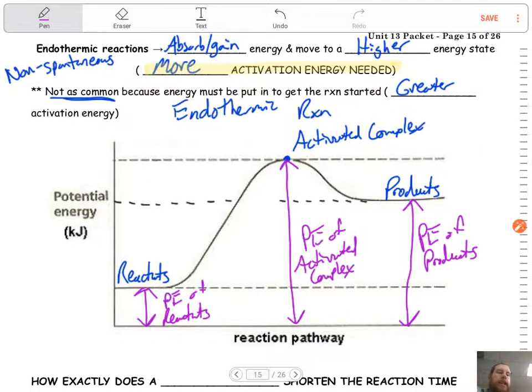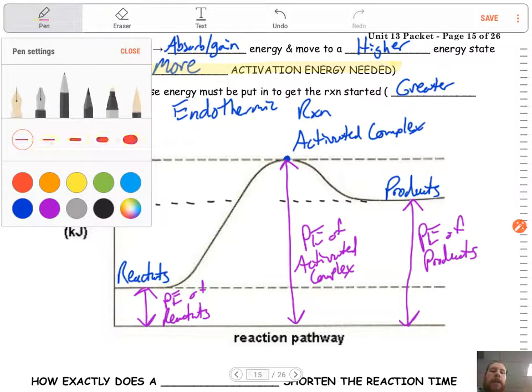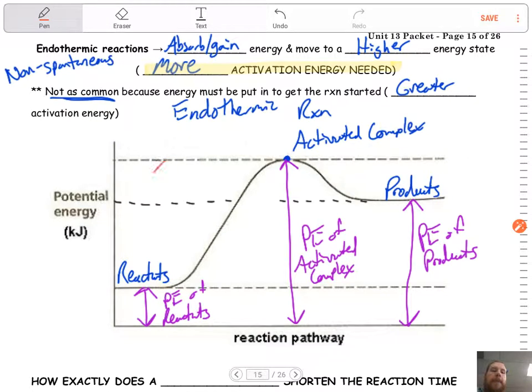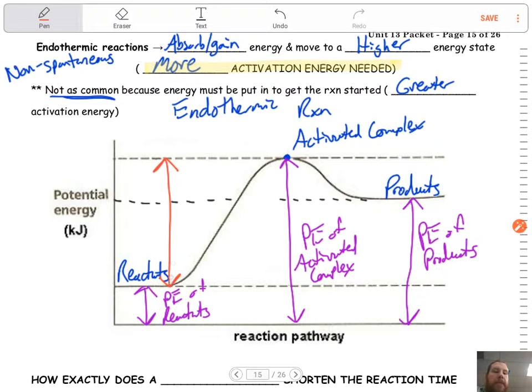Okay, that takes care of all my potential pieces. So now I'm going to go to the top parts. We'll take a look here, right? Notice what I'm doing. This is from my reactants to the uppermost part, which is my activated complex. So what's that going to be called? This is my activation energy. Okay, activation energy, or EA.